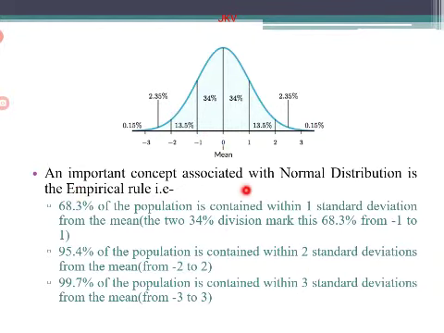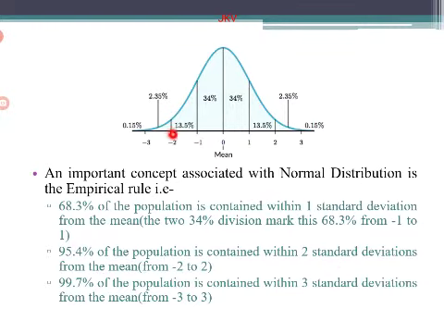Now, an empirical concept associated with normal distribution is the empirical rule, that is 68.3% of the population is contained within one standard deviation from the mean. That is, if I am plotting the age group of your class, almost 68% of the people will have their ages between plus one standard deviation and minus one standard deviation. Now 95.4% of the population is contained within two standard deviations.